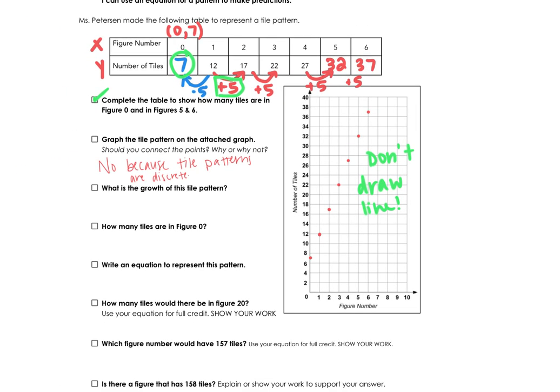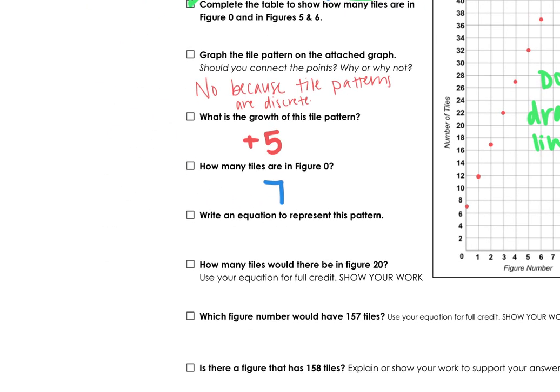So the next part, what is the growth? That's what we want to come back to from the beginning. The growth of this tile pattern would be plus 5. How many tiles are in figure 0? That was 7. So we want to make our equation to represent this.